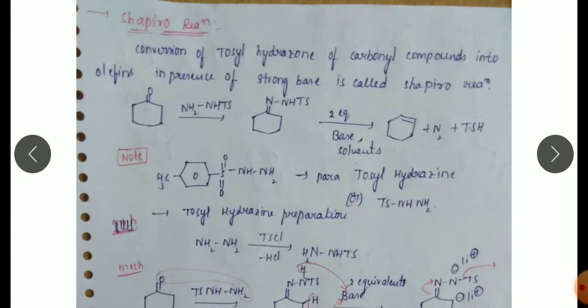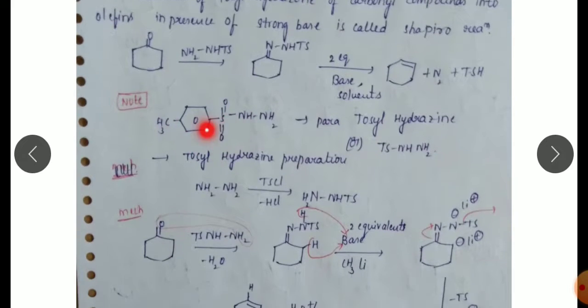Tosyl hydrazine is prepared from para-tosyl chloride. This is also prepared from hydrazine. What is the molecular formula of hydrazine? NH2, NH2. In NH2NH2, one of the hydrogens is replaced by this tosyl group.